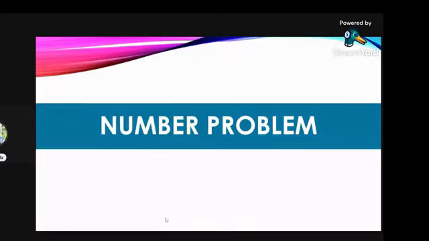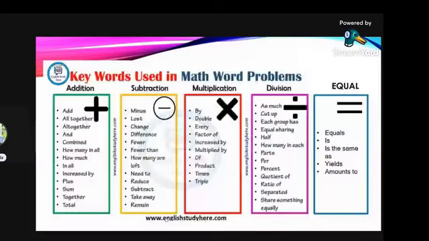I introduced this last night. I want you to take time understanding and familiarizing yourselves with these words so that you would be able to translate from words to mathematical expressions. So let's have these keywords used in math word problems.